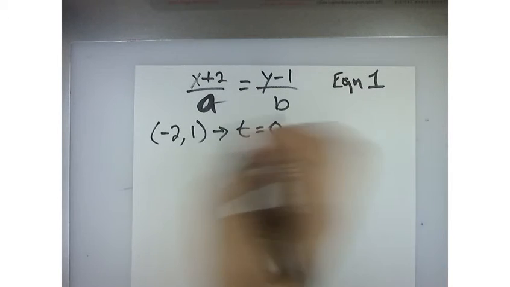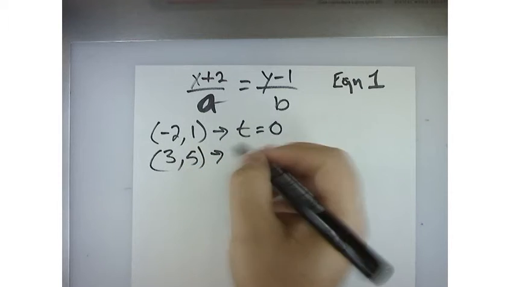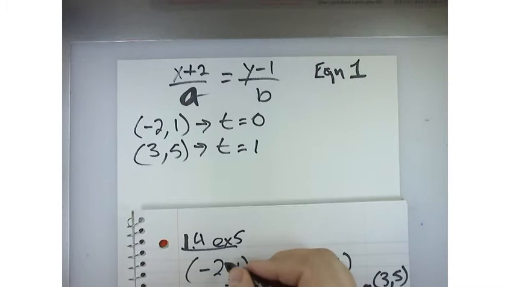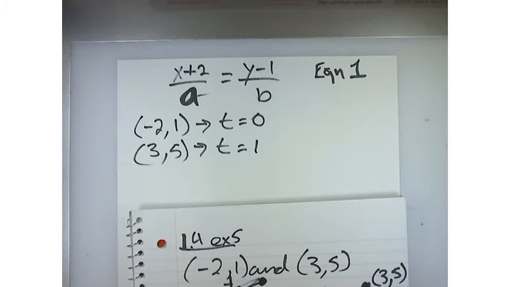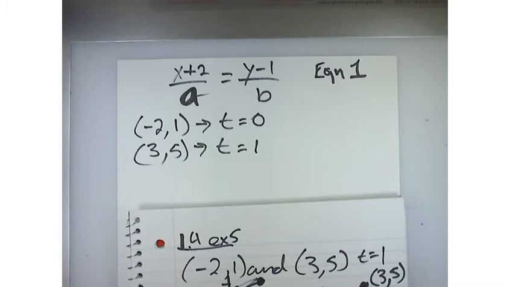We also know that at the endpoint 3, 5, t must equal 1, right? Because of the parameters, remember what they told us at the very beginning? That this was our beginning point. So that occurs when t equals 0, and over here this occurs when t equals 1. I don't know if they define that, but that's an assumption that we can make, because it's just a line segment. Okay? Sometimes they'll define it differently.